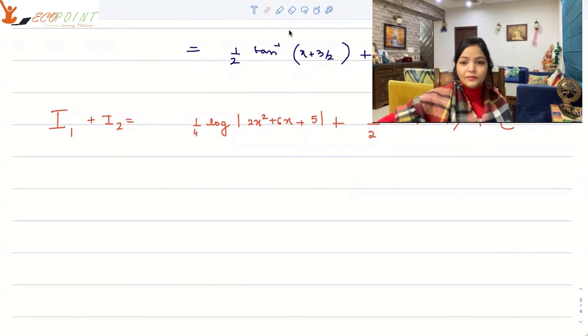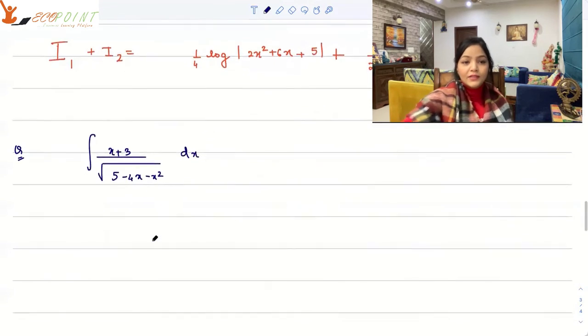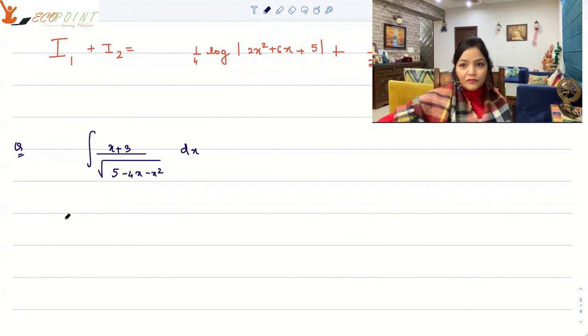Next question. In order to understand this even better, let's take another question. So let's take integral of x plus 3 upon, this time I'm going to give a twist to the question with a square root. So square root 5 minus 4x minus x squared dx. Okay. So again, the form is where you have px plus q in the numerator.